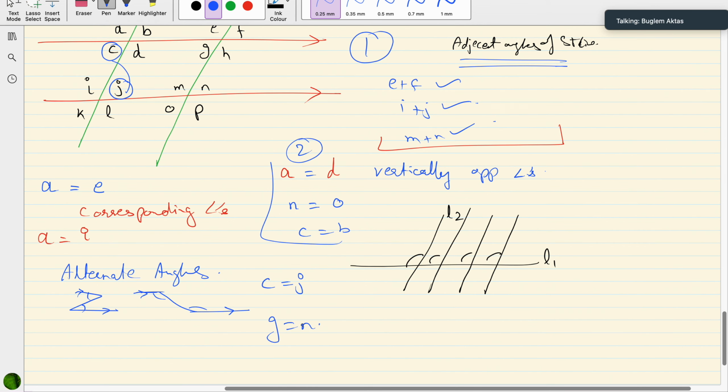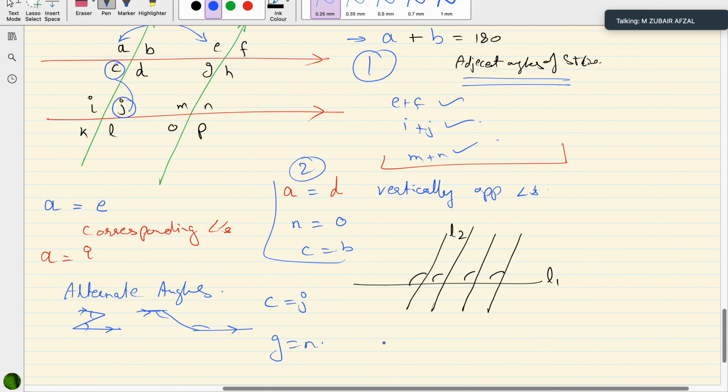G and N. Correct. And if I may ask you to name an alternate angle for D. It's not K. If I have to write that Z, for D, Z should look like this, and K is actually outside that.